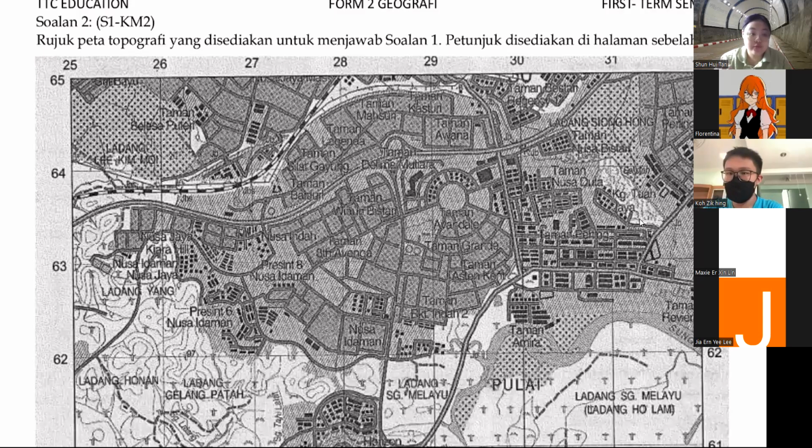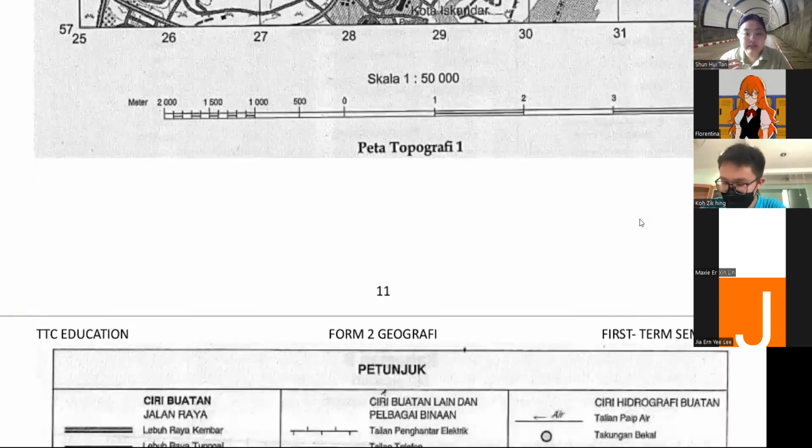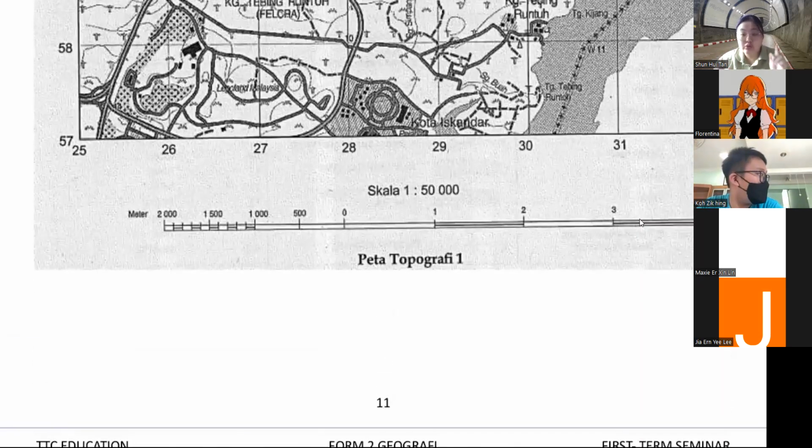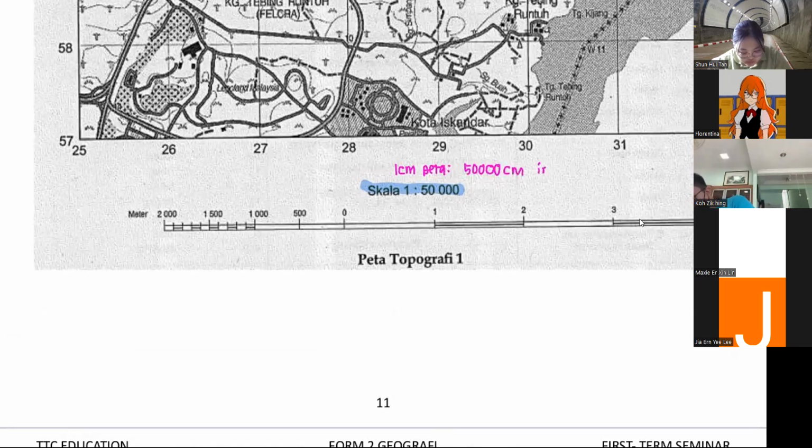Now, they will provide you a pattern. And normally at the bottom of the pattern, they will show you the scale. And you see, the scale is like this. 1 to 50,000 means what? 1 cm on the map represents 50,000 cm in real.